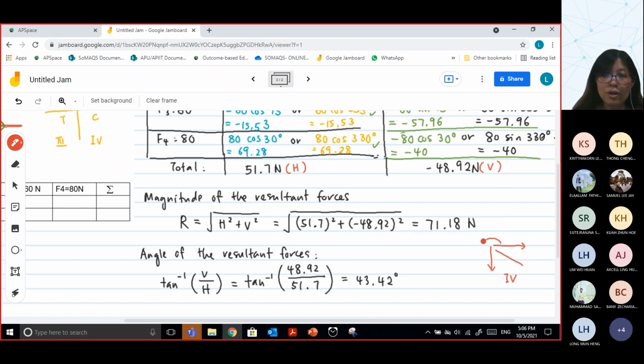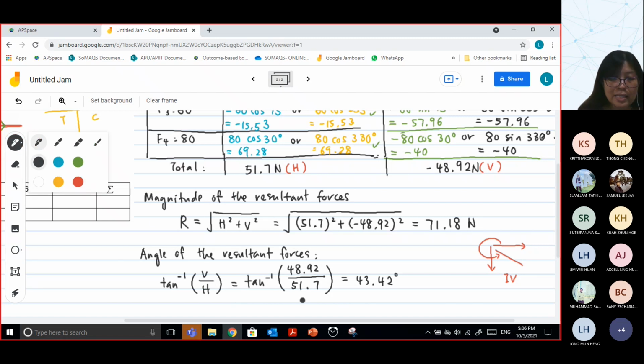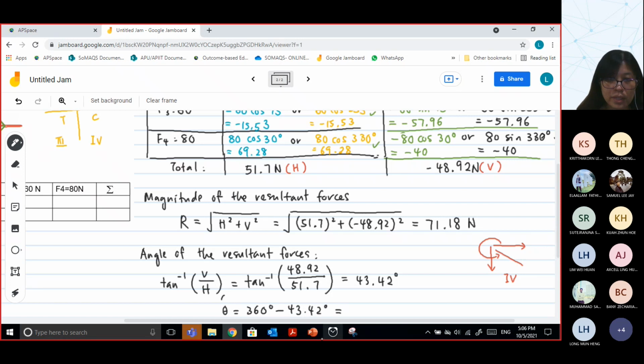So from here to here, the theta is 360 degrees minus 43.42, because here is 43.42, the basic angle.